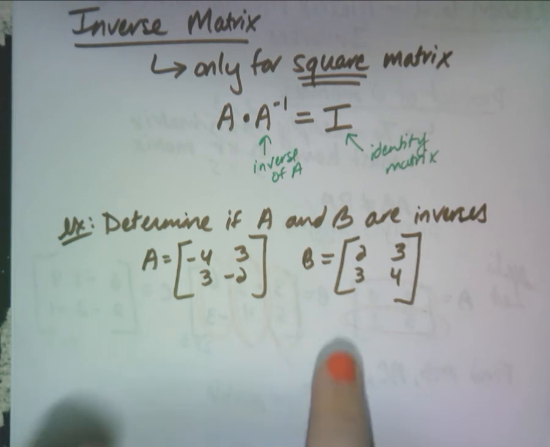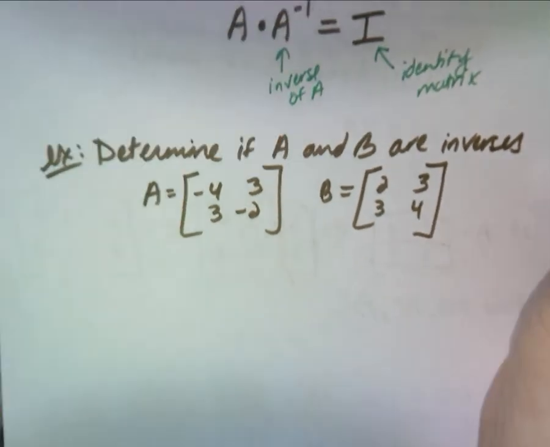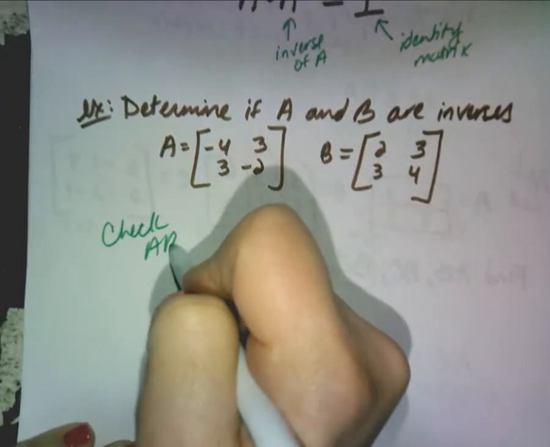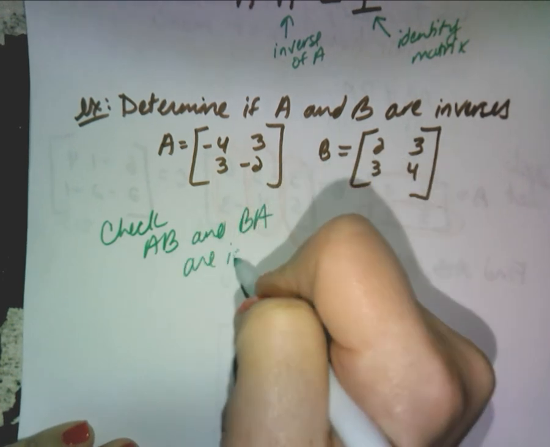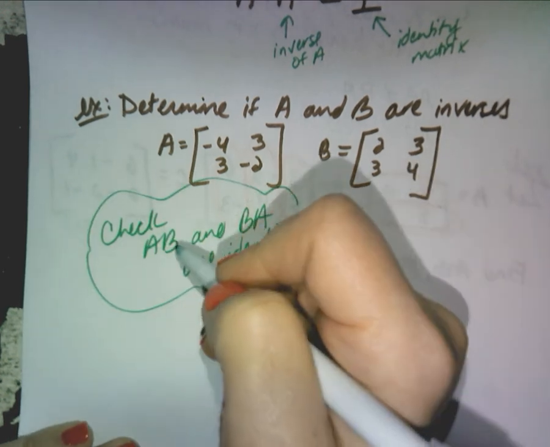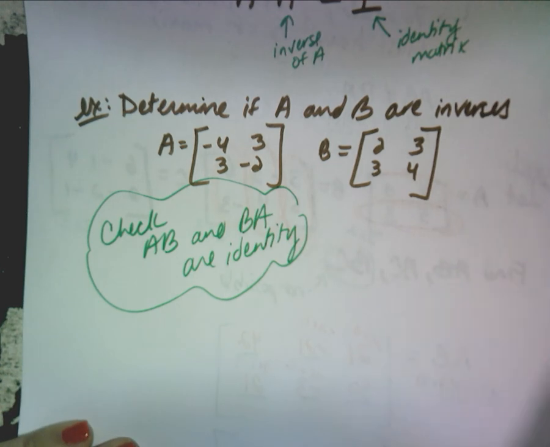Okay? But all you'd have to do is multiply A and B together. Actually, you're supposed to. You have to check that AB and BA are identities. I'm going to let you just do AB by hand. You can do BA in the calculator, okay?